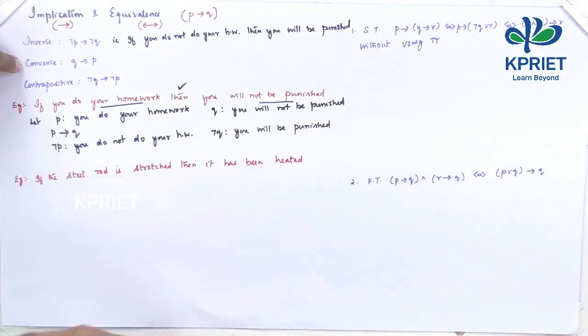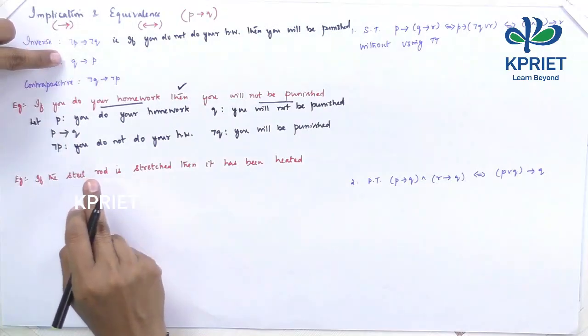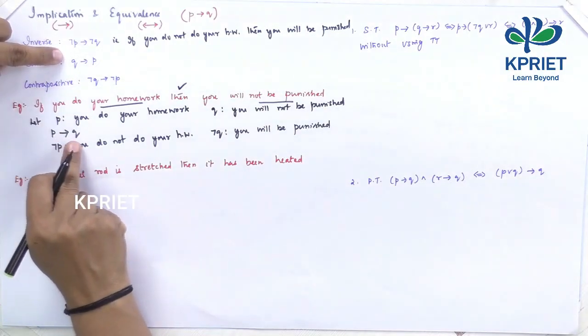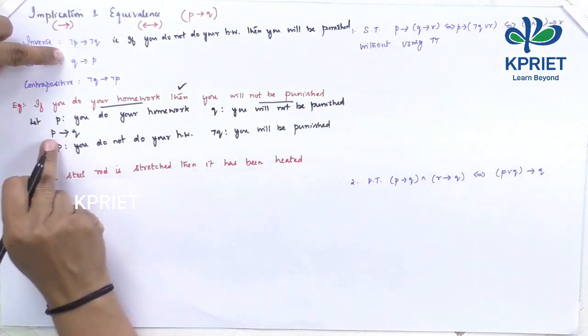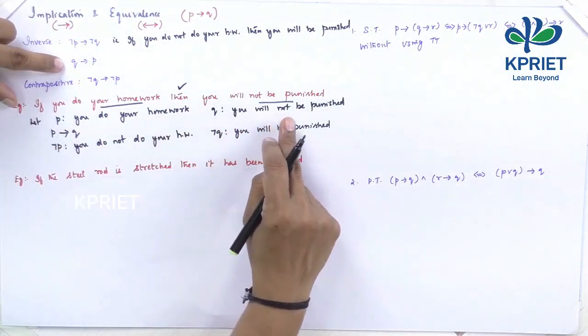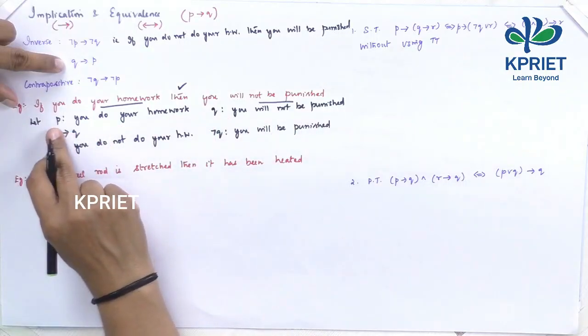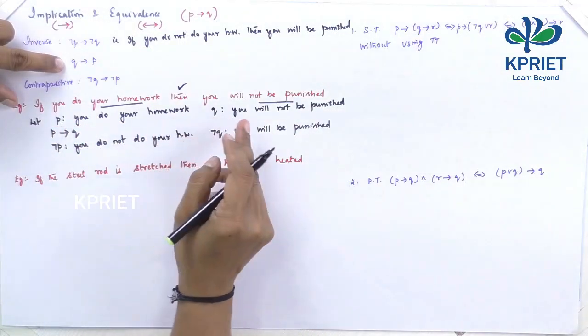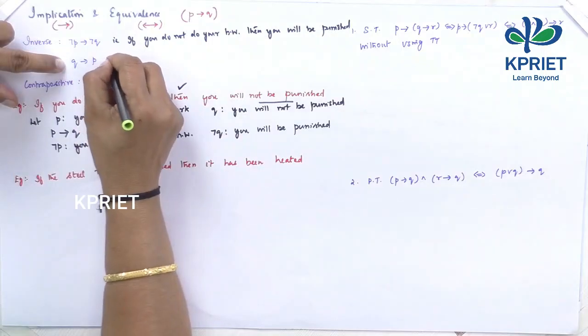Now coming on to the converse of the statement. If we have P conditional Q, the converse is just the reverse, that is Q conditional P. Q is: you will not be punished. Then P is: you do your homework. So how do we write it?